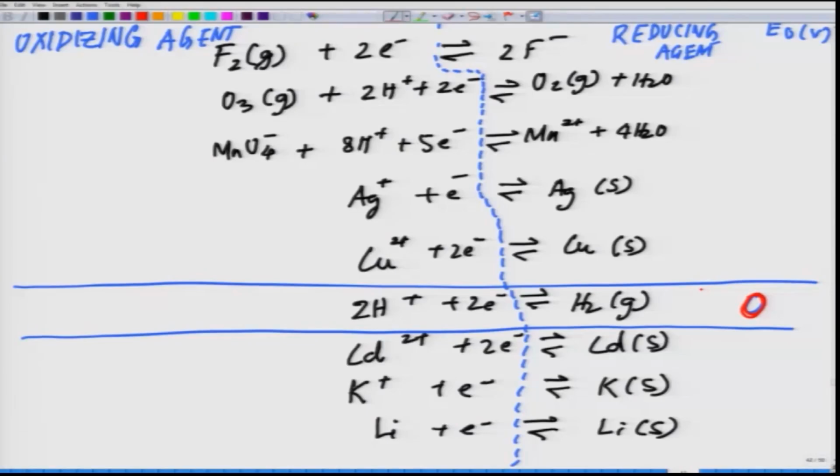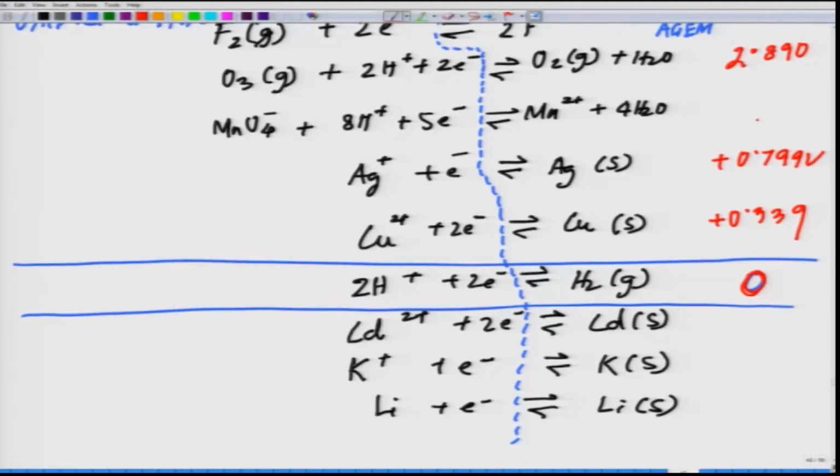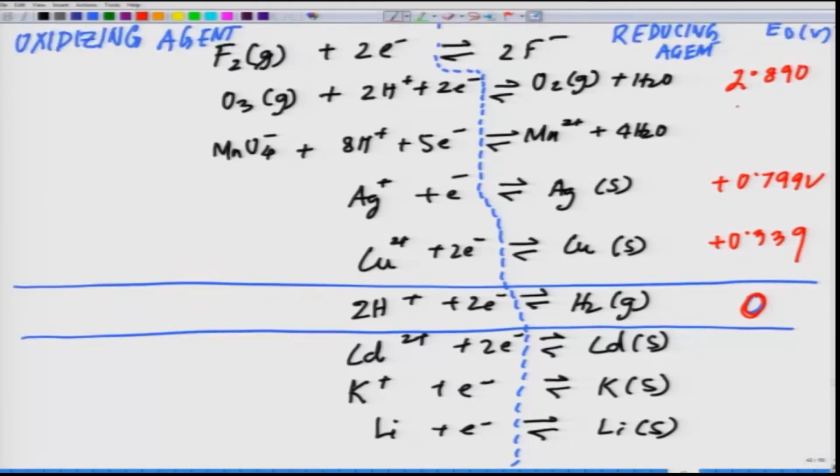Now, you remember for silver it was positive 0.799 volt. Now, copper, which is plus 0.339. Similarly, for fluorine, it is 2.890, and these are all experimentally determined values.